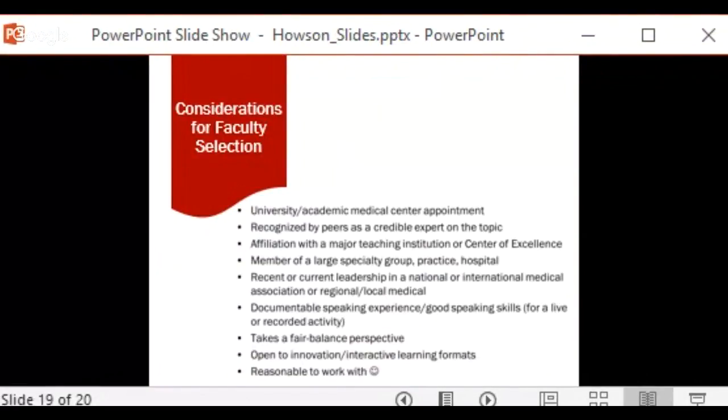So these are not the end-all be-all, but it's a list that I use when I'm teaching medical writers about faculty selection at the American Medical Writers Association. I do a workshop for them each year. The criteria range from what their appointment is to being open to innovative and interactive formats, and the last one is someone who's reasonable to work with, which is always nice.